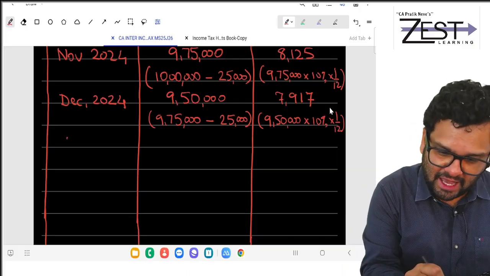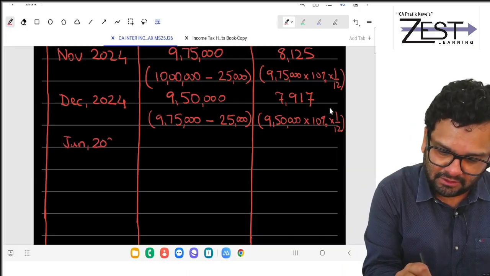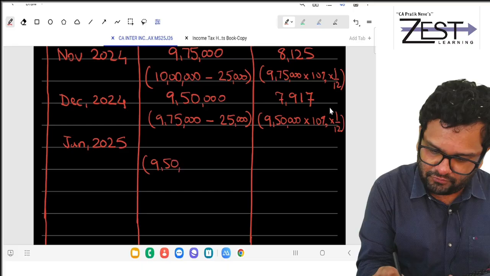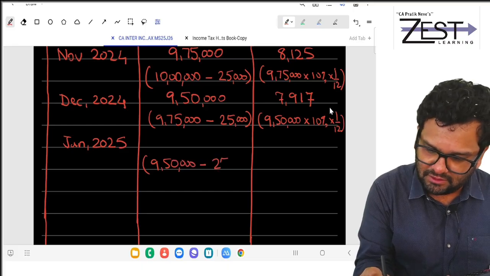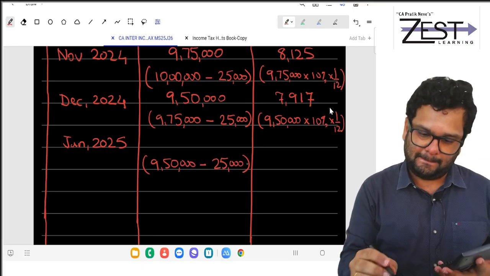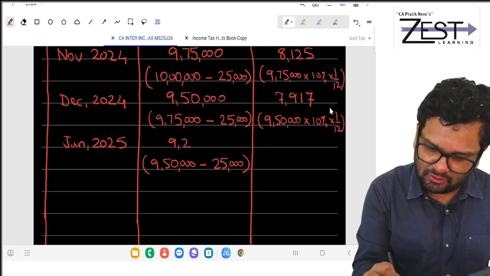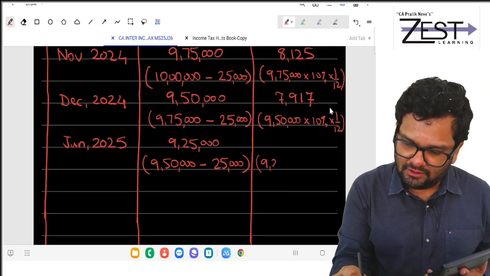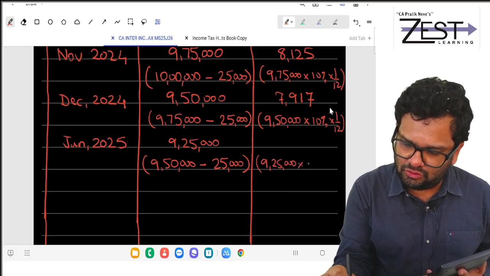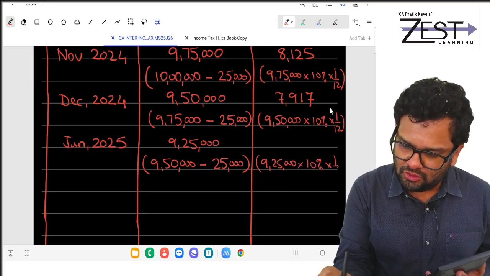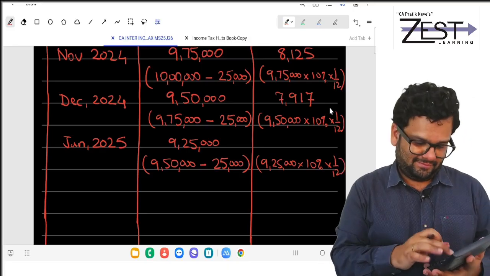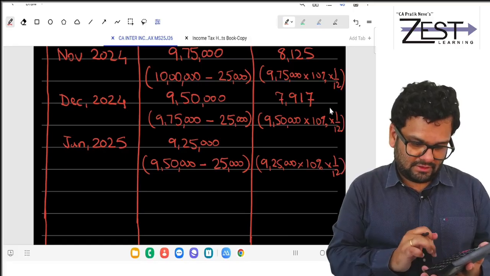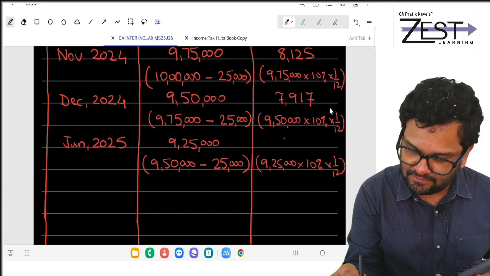Then for Jan 2025, what will happen? For Jan 2025, 9 lakh 50,000 minus 25,000. So 9 lakh 25,000 is your principal outstanding. So 9 lakh 25,000 into 10% into 1 by 12. 7,708.